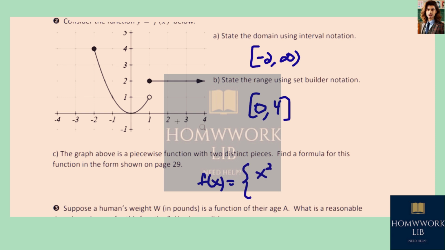Because 0 squared is 0, -1 squared is 1, -2 squared is 4, 1 squared is 1, but we're going from -2 included to 1 not included. And then it's just the constant 2, and that's from 1 included to infinity, or we can just say x is greater than or equal to 1.